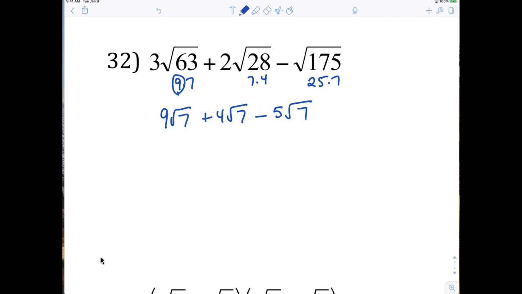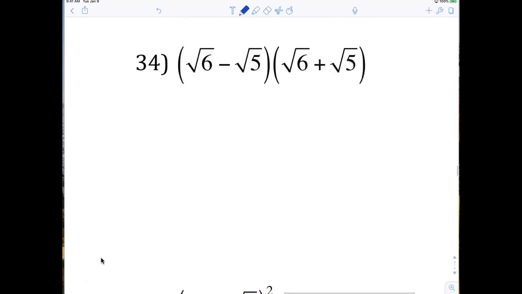Is everybody okay with that? And so after all that, 8 radical 7. Any issues? Pretty easy, right? Yeah, I agree.